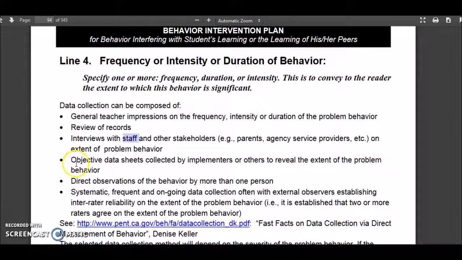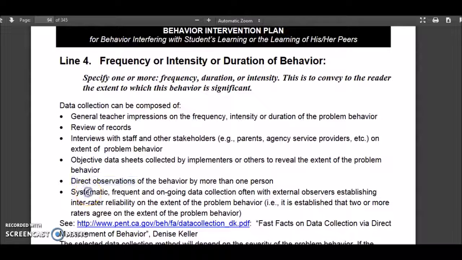You can also use objective data sheets. So you can create a sheet or find a data sheet that suits the type of behavior that you're describing, and use it for a reasonable period of time to collect the information about the frequency, intensity, or duration. You can do direct observations of the student, and just write your notes.